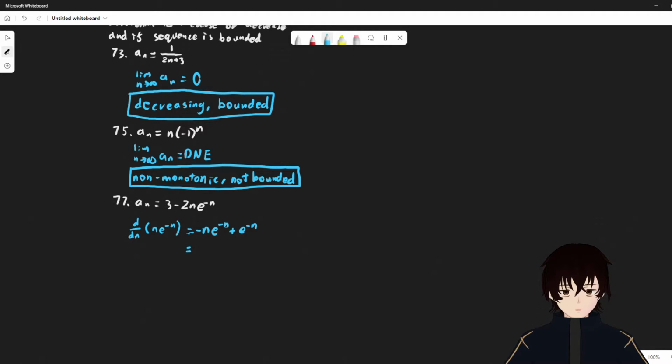Which is equal to e to the power of negative n, or rather, (1 minus n) over e to the power of n. And if n is bigger than 1, the slope is always negative.